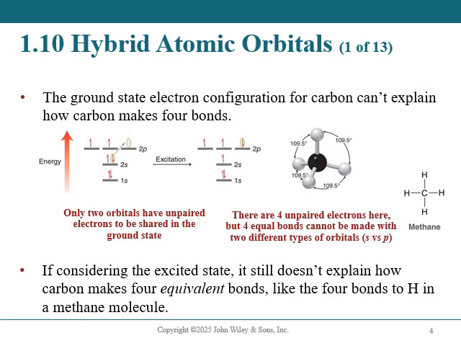There is no way that the 2s and the 2p have exactly the same energy in the form that we have them here. Even if we consider an excited state, it still doesn't explain how carbon makes 4 equivalent bonds, like the 4 bonds that we see in methane. However, the bond for methane is real, it exists, we've been able to measure it experimentally.